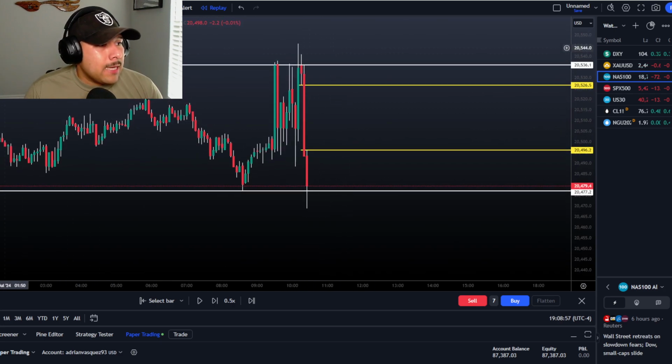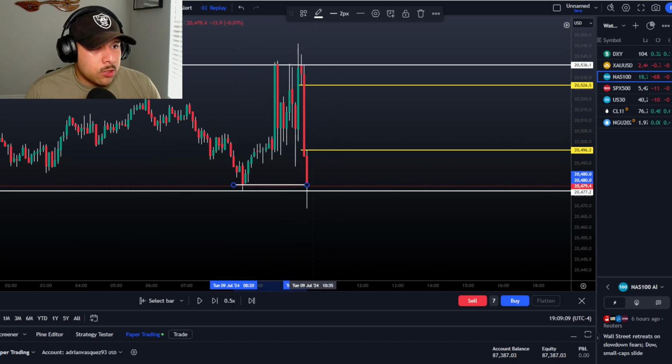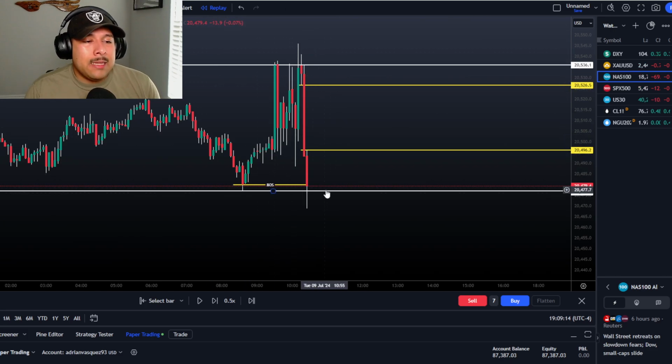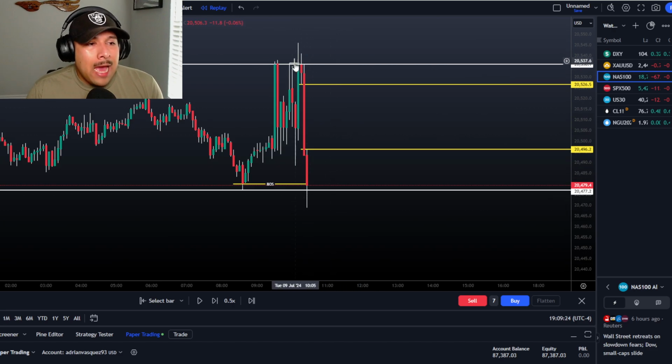All right, the next thing that I'm looking for is a break of structure, which again, I talk about on the market structure basics videos. So as you can see here, we had a huge break of structure right here, indicating that price wants to continue pushing to the downside. So now our actual entry confirmation is we have a tap into our supply area, our area of interest.